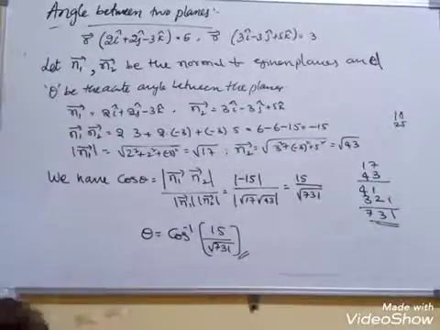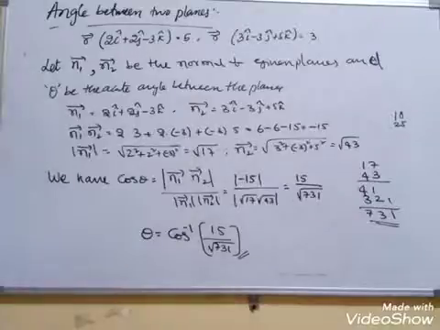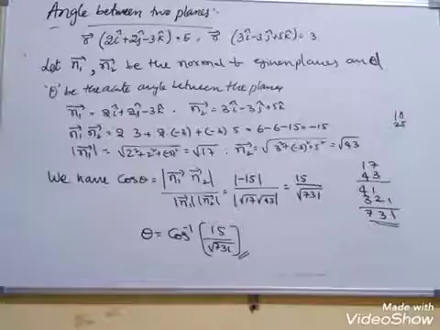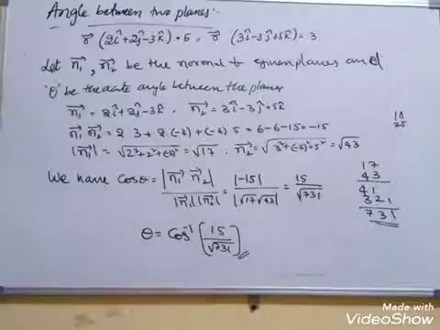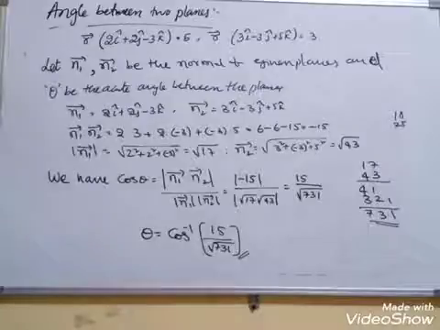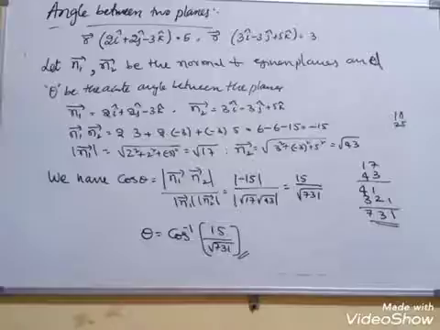What is the question given? Observe there. Find the angle between the planes r bar dot 2i plus 2j minus 3k is equal to 5 and r bar dot 3i minus 3j plus 5k is equal to 3, where i, j, k have caps. Nothing is mentioned about the method, so since the given equations are in vector form, we find the angle by the method of vectors only.